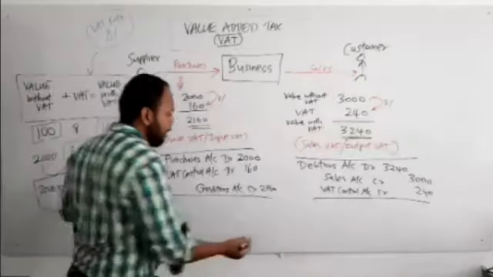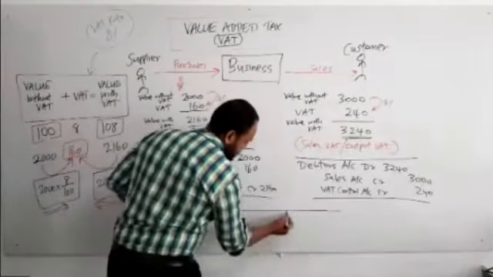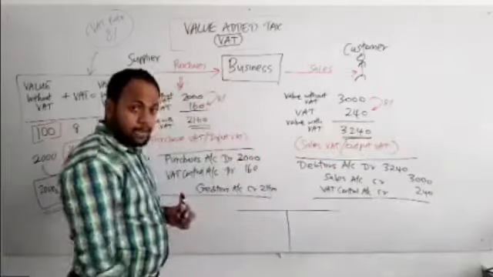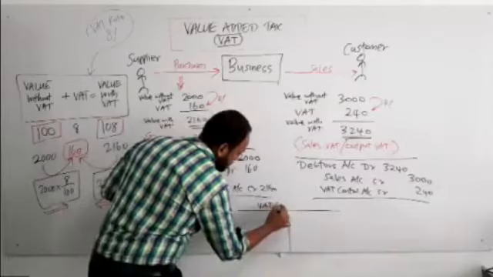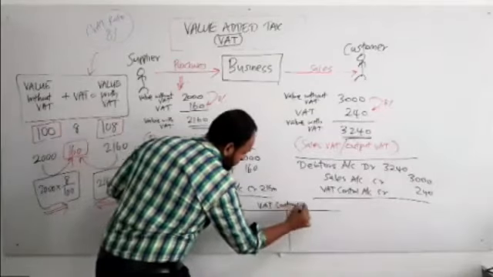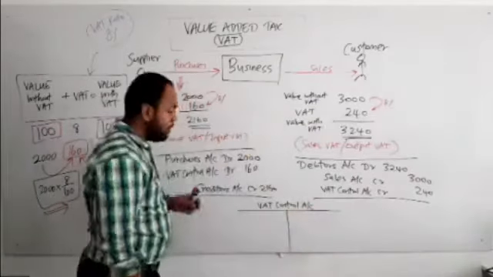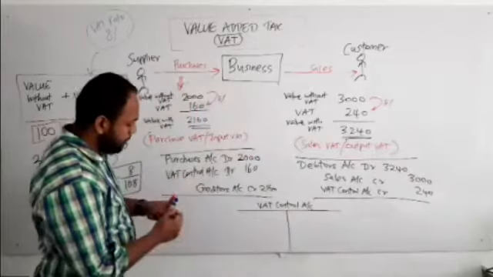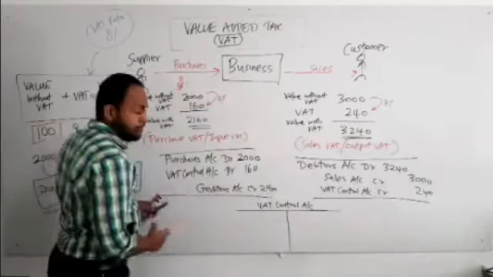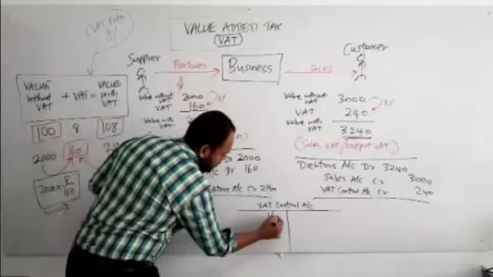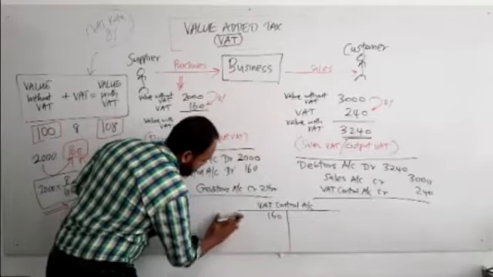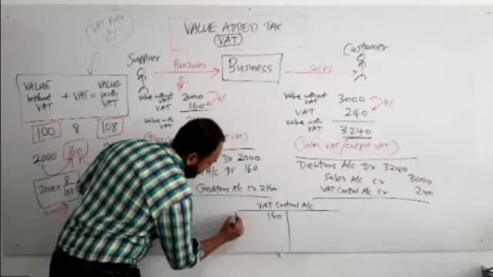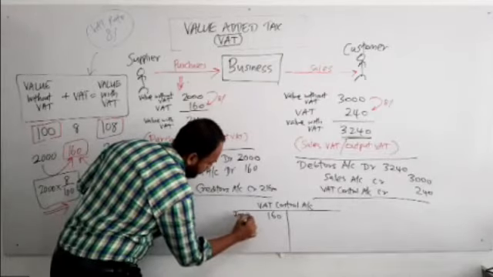Then if we prepare the VAT control account, this is debit 160. We can say this is input VAT.